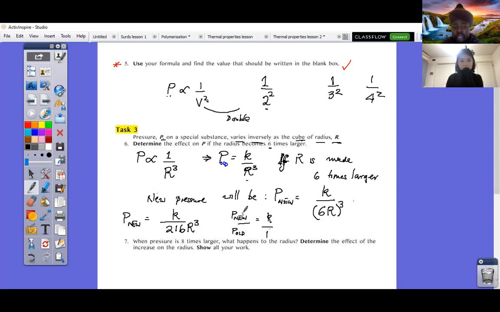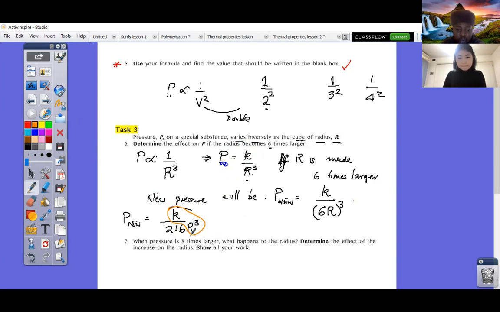You can do it either way, P new divided by P old. Without trying to confuse you here, Sayaka, very important that you see that the new pressure is the same as the old pressure, because this term represents the old pressure.